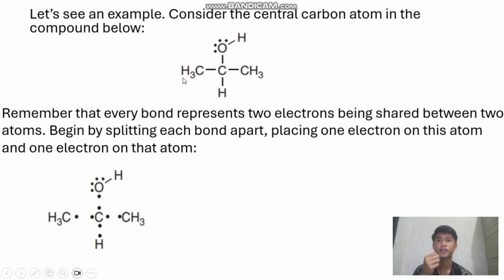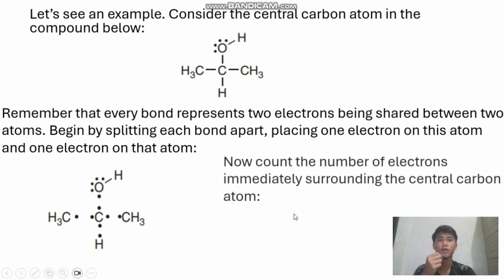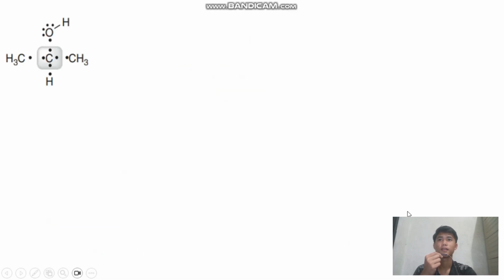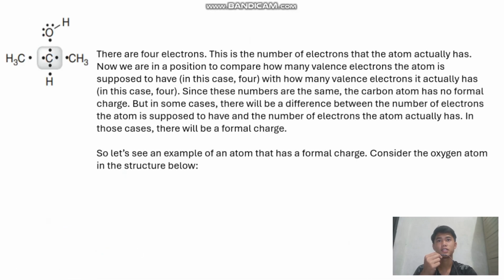Now, count the number of electrons immediately surrounding the central carbon atom. So we have 4 valence electrons. There are 4 electrons. This is the number of electrons that the atom actually has.